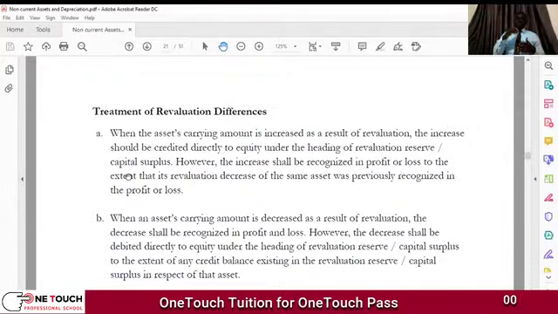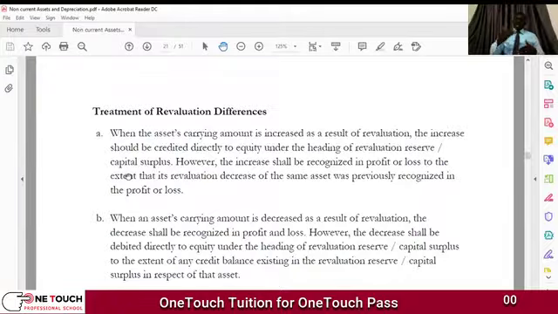So if it's a gain for the first time, it goes to equity. It's credited directly to equity in the revaluation reserve or capital surplus. If it is a loss for the first time, it is debited to P&L, because when it's a loss, it means that if an asset is 1,000 and you revalue it and it becomes 500, the asset has lost value. Is that not it? So we credit the asset account and we debit P&L, under the name revaluation loss.